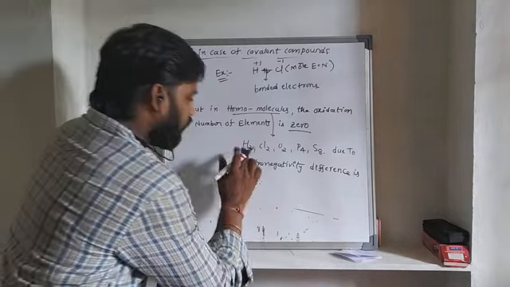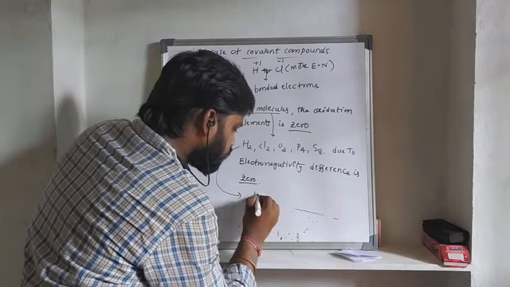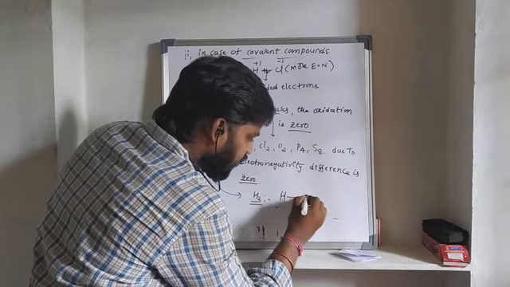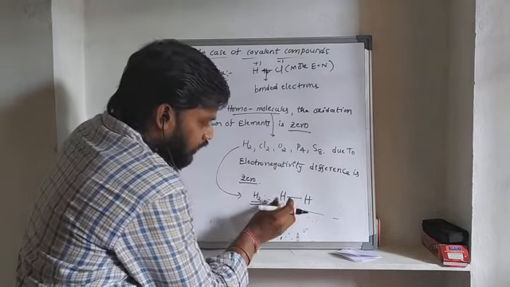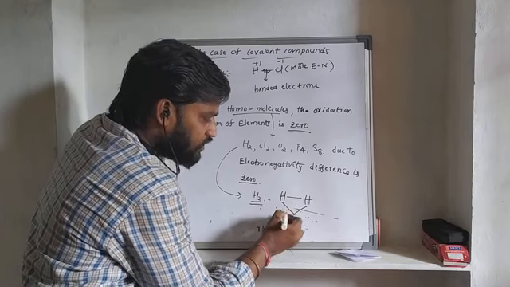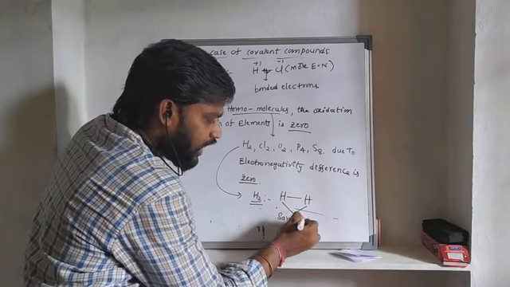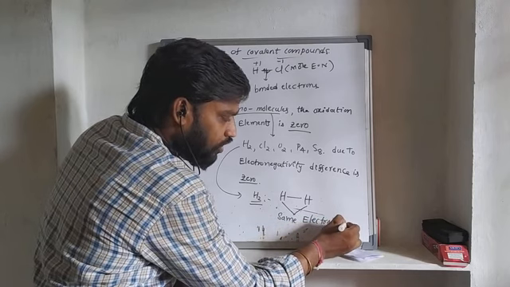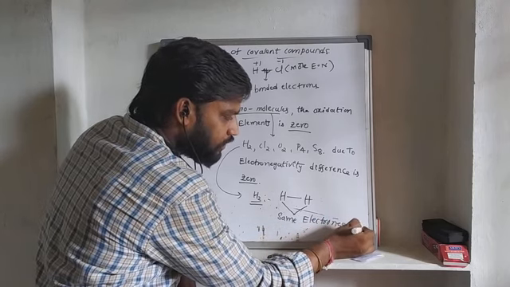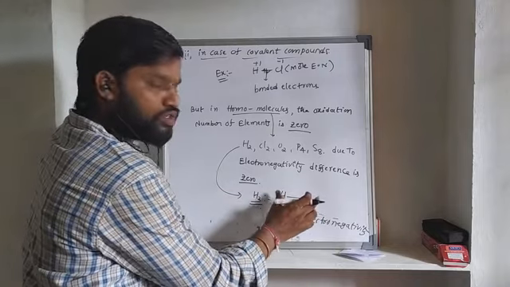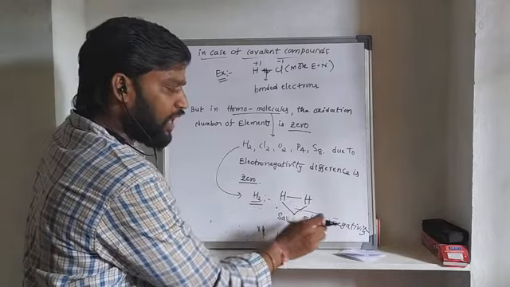So for example H2, the structure of H2 is H and H. Both are hydrogen elements, and these two hydrogen atoms have the same electronegativity.